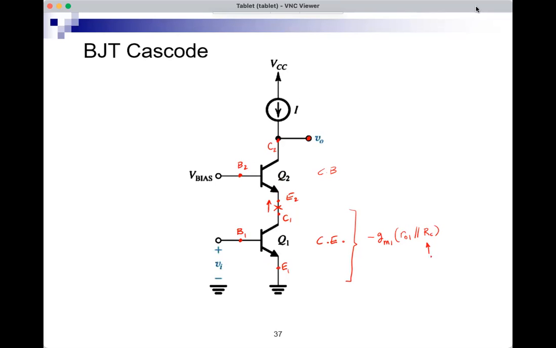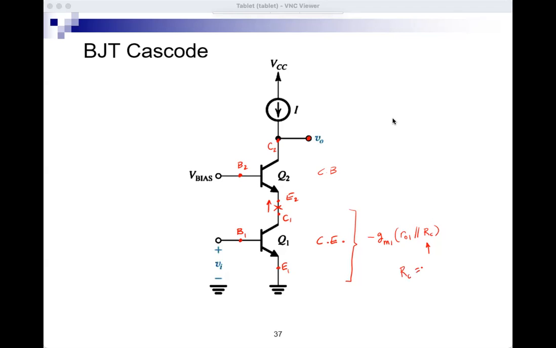So I go to the formula sheet, and the formula for that is, if I'm looking into the emitter of a BJT, then I'm writing here the formula from the formula sheet.